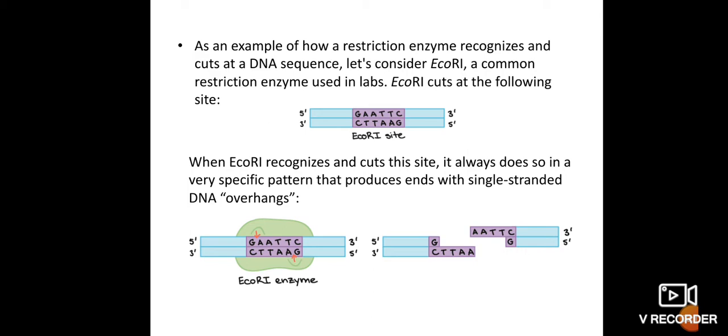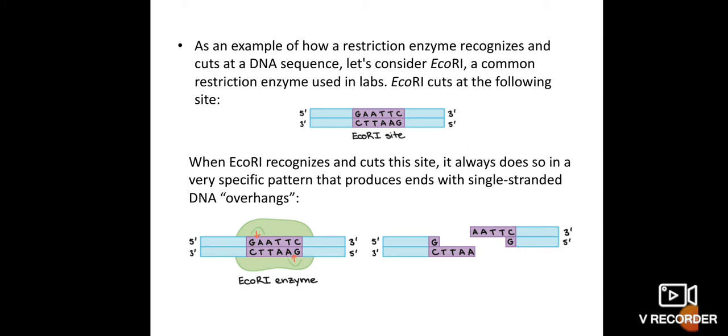See, the double-stranded DNA, one strand runs from 5' to 3' end, another strand from 3' to 5' end. The 5' to 3' strand will have GAATTC. The other strand will have the same bases in reverse order, CTTAAG. So, this is the EcoRI site.